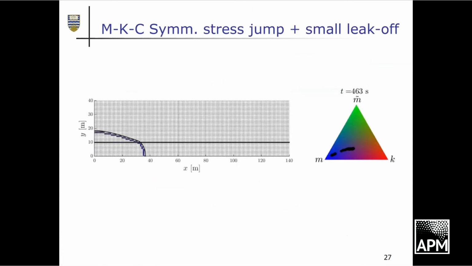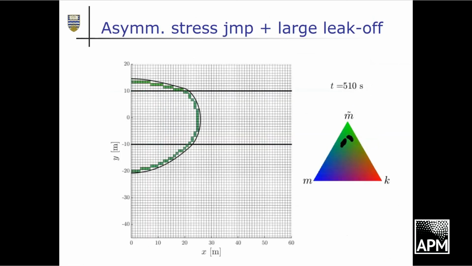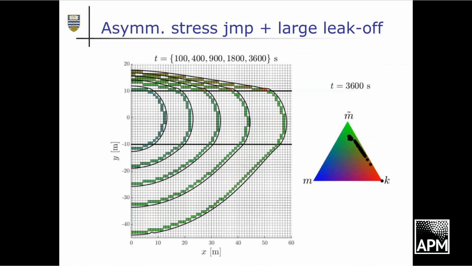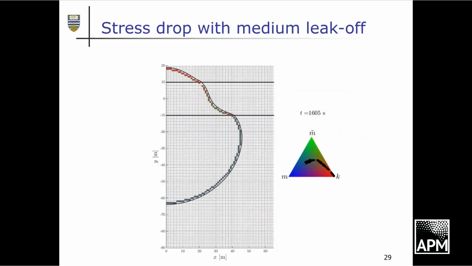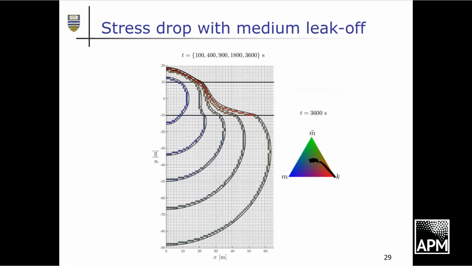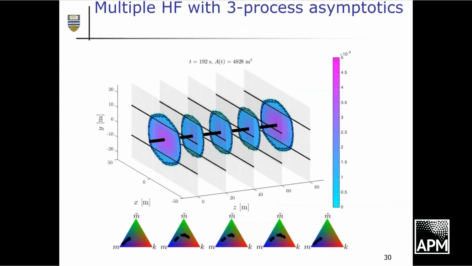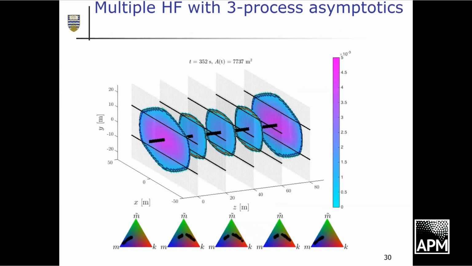And so this is with 3 different multi-scale behaviors. I'm just going to run through these different animations, if you like. Symmetric stress drop, and you can see we're getting 3 different types of multi-scale behavior. You can extend this to multiple fractures.